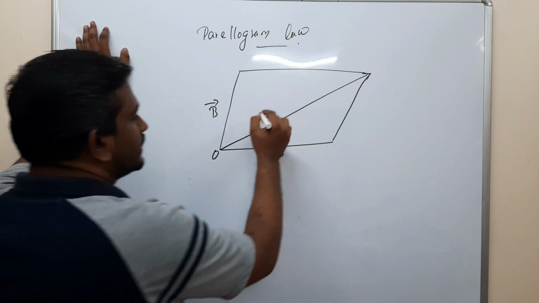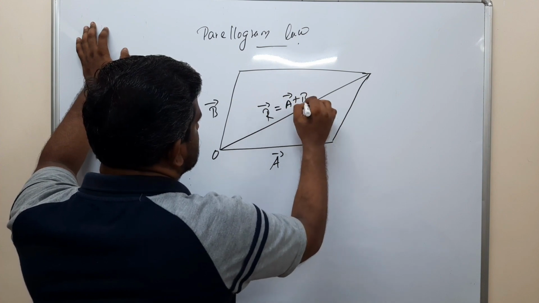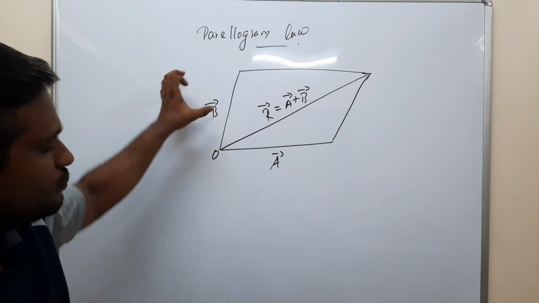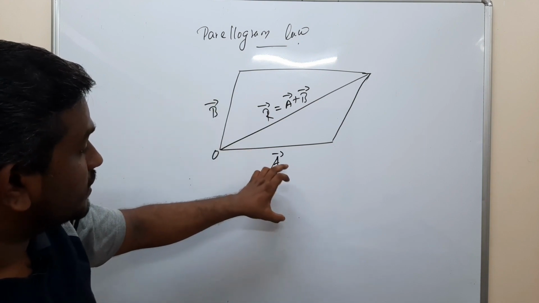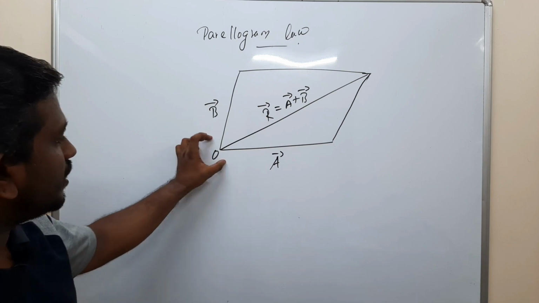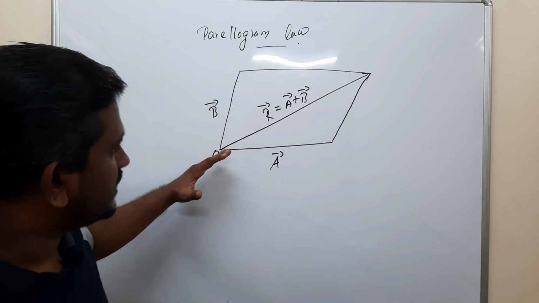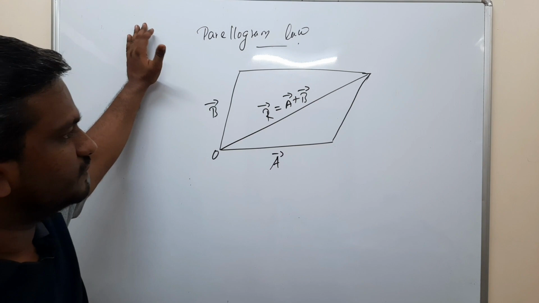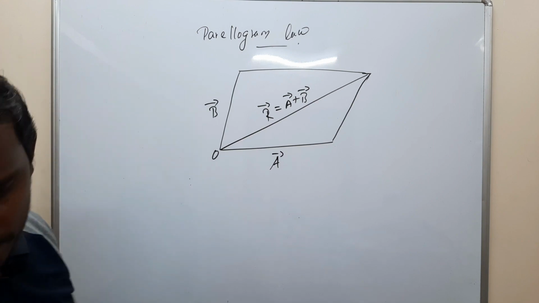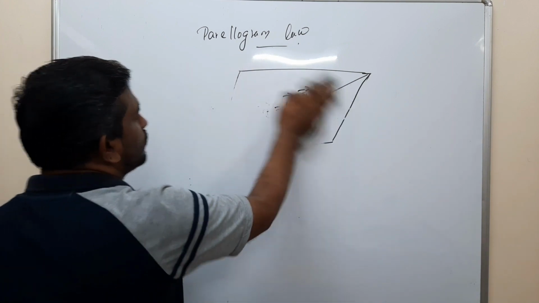This diagonal gives the resultant of these vectors, that is A vector plus B vector. So this is the Parallelogram Law of Vectors. If two vectors, both in magnitude and direction, are represented by the two adjacent sides of a parallelogram drawn from the common point, then the diagonal drawn from the same point will give the resultant of these two vectors. Then the analytical method of Parallelogram Law of Vectors.